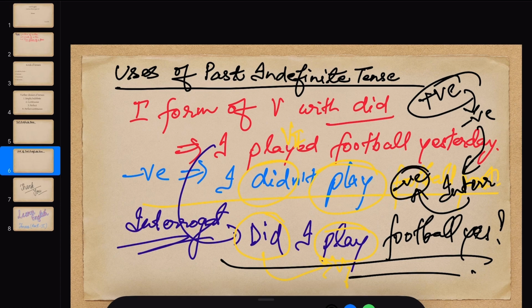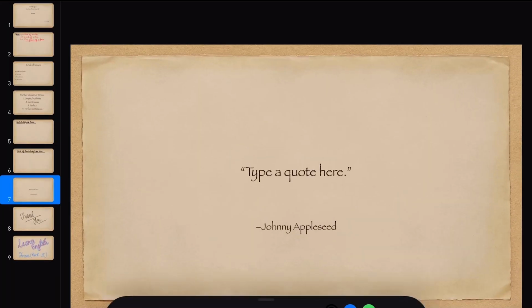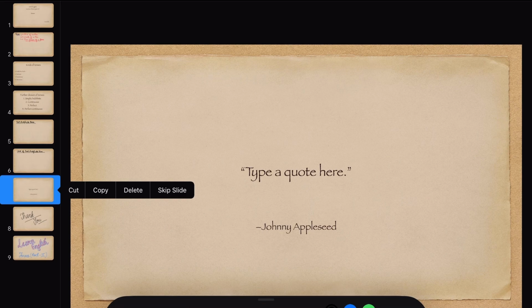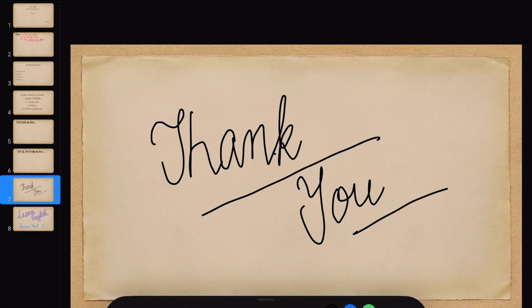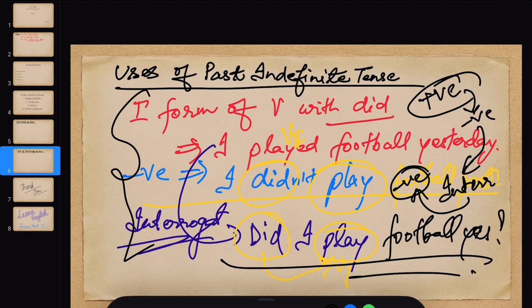So this is, I think, quite easy to understand.